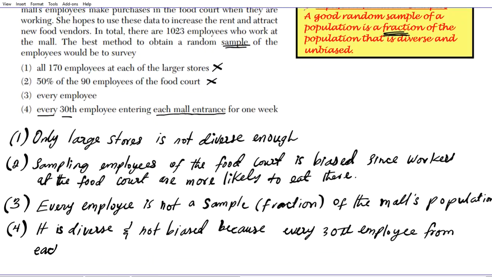So you can get a nice spread of people to select for your interview. From each entrance is selected. So out of these four options that we have here, option number 4 is the best random sample for this experiment.